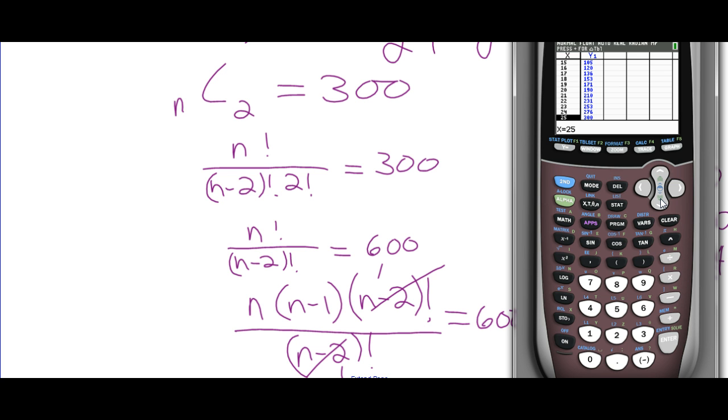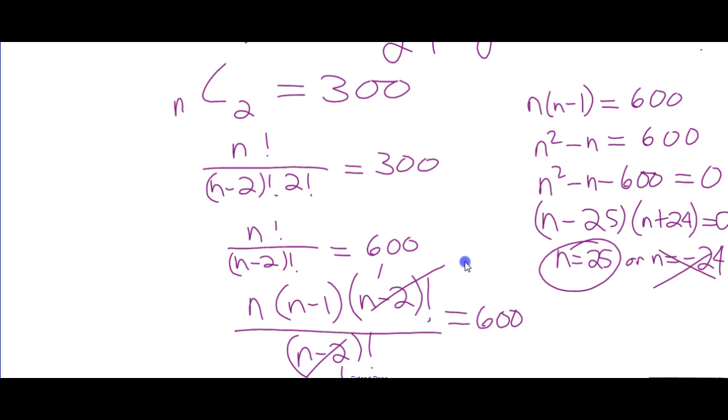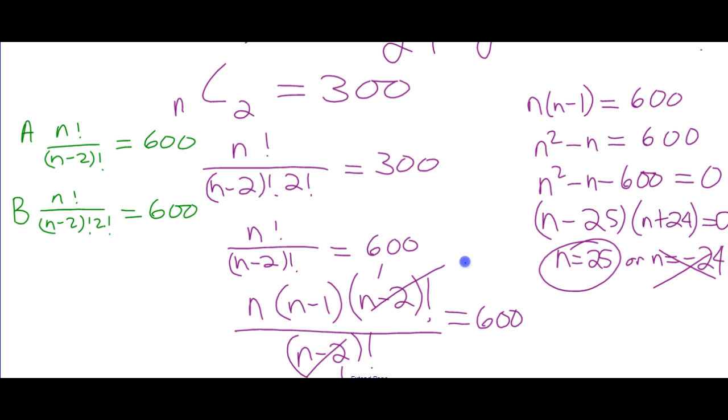So how, on a diploma, how do we force an algebraic solution? We could say an expression on the way to solving this is, and give you, let's say, A, n factorial over n minus 2 factorial is equal to 600. B, n factorial over n minus 2 factorial times 2 factorial is equal to 600.